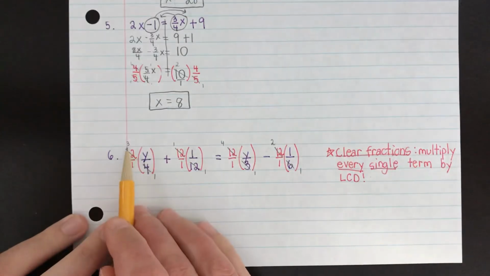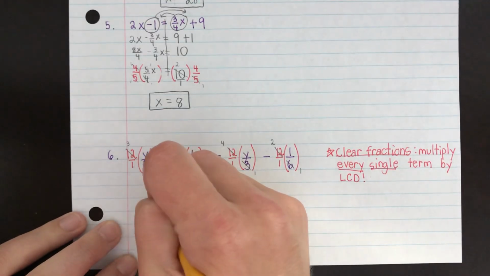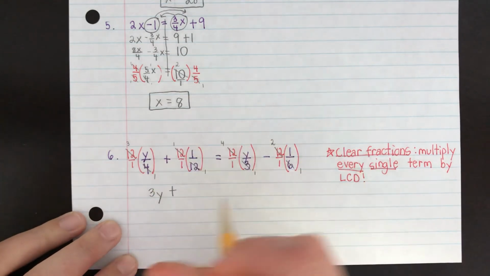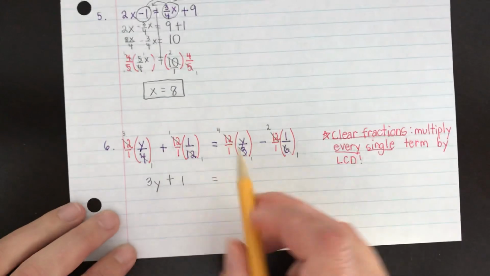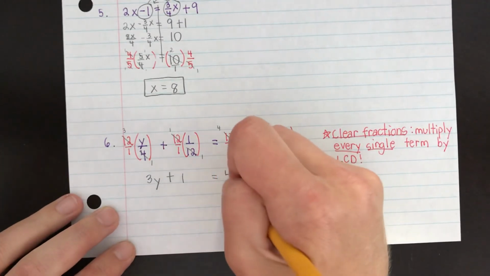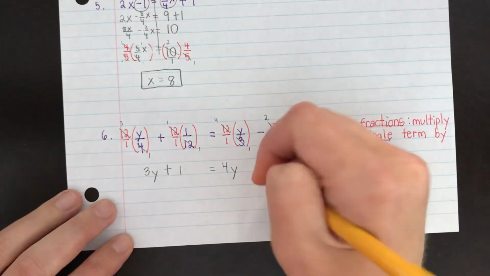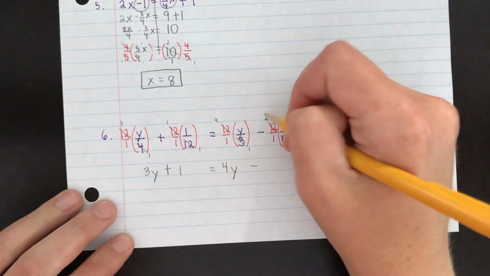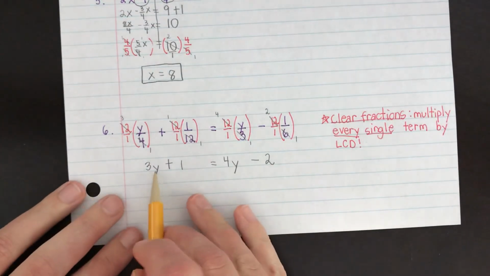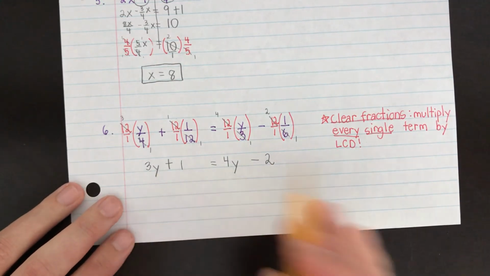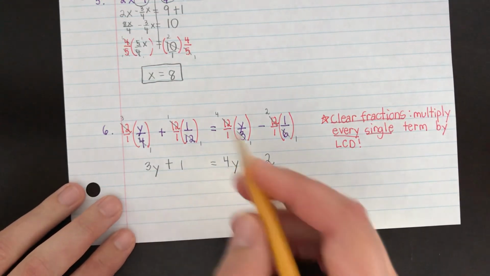So here I have 3 times y, which is 3y. Drag the plus sign down. 1 times 1, which is 1, equals, and then 4 times y, which is 4y. And then don't forget to drag the minus sign down. And then 2 times 1, which is 2. How beautiful. And then I look at my coefficients, 3 and 4. Yay, finally my coefficient is larger on the right.